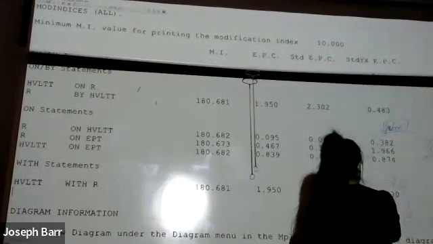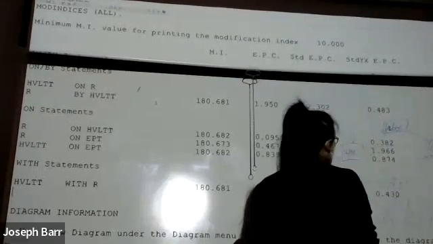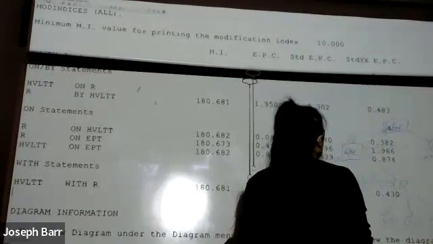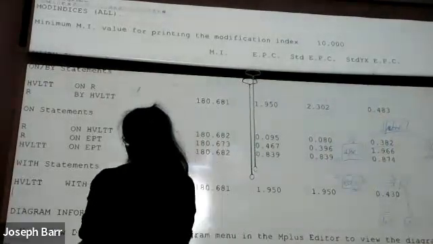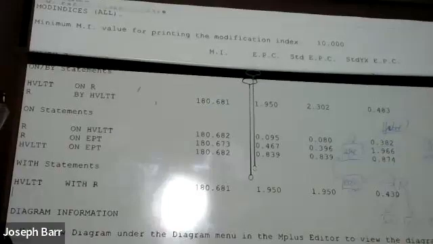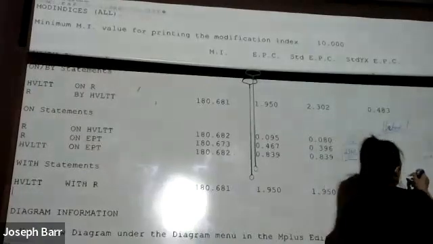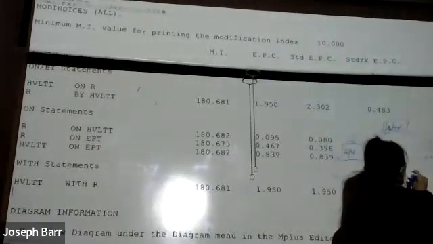This is our path diagram. And what is the suggestion? HVLTT on R. What does that mean? That is this one.